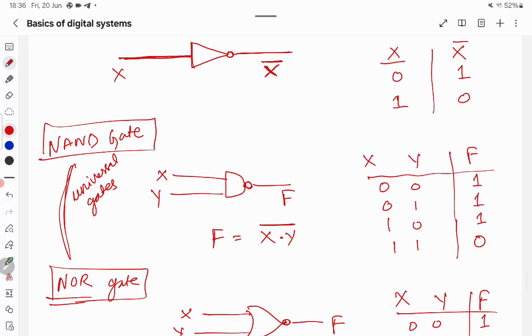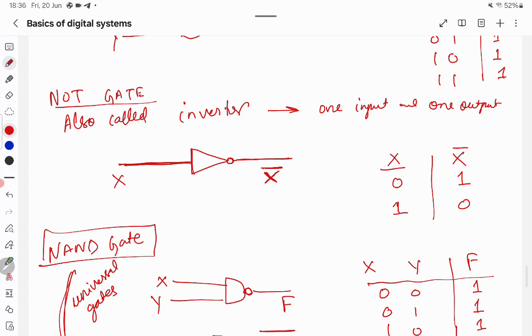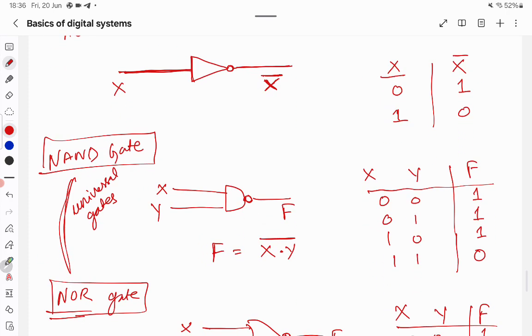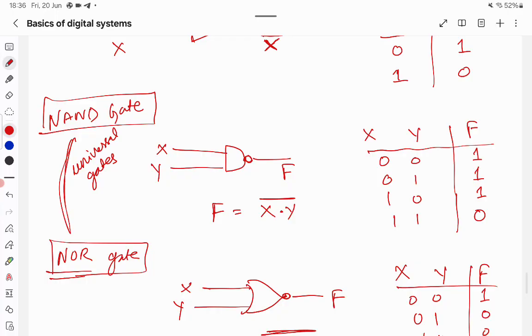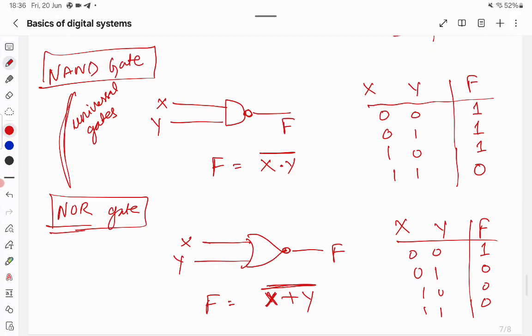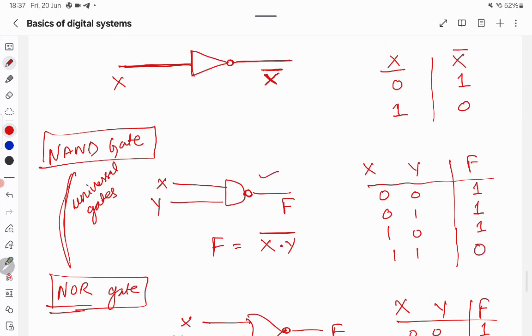Any gate can be made or composed of the NAND gate and NOR gate. If you look at their structure, the NOR works exactly opposite of the OR gate, like the complement of the OR gate, and this is the complement of the AND gate.